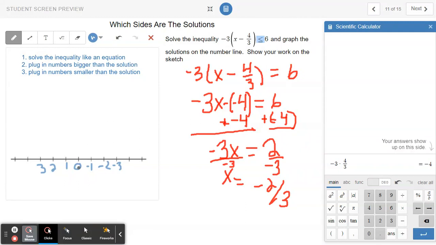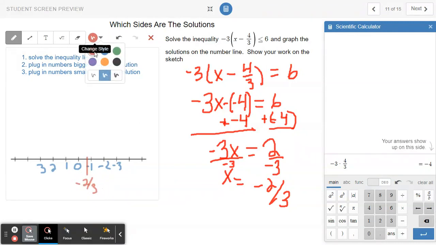So negative 2/3, we have to think about what that means, right? Negative 2/3 is between 0 and -1. It's almost -1, but not quite. So I'll note that this is negative 2/3. I'm going to put that down here, whoops, I've already put it in the wrong place. It's between 0 and -1. So this is negative 2/3, okay?